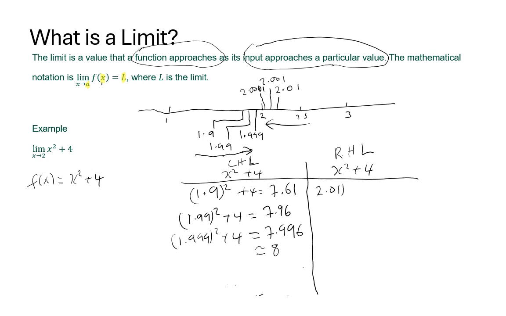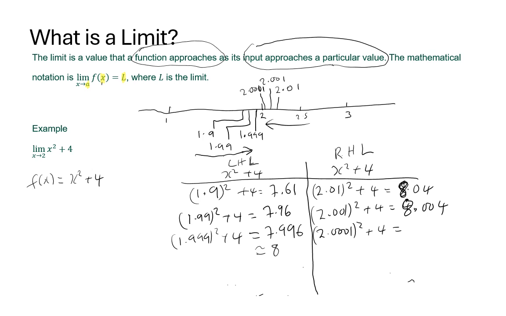So instead of x, we put 2.01 squared plus 4, and this will be 8.04. Then we continue approaching: 2.001 squared plus 4 will be 8.004. And the next is 2.0001 squared plus 4.